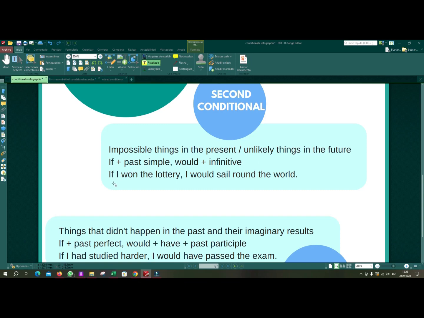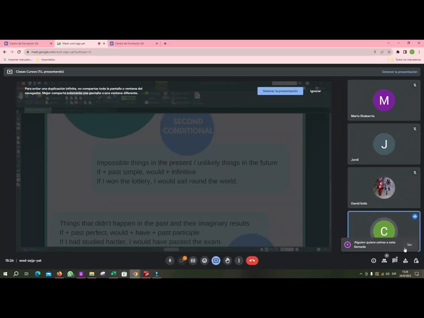So if I won the lottery, that is simple past, I would sail around the world. So there you have the second conditional example. So in this case, would plus the infinitive of the main verb, right?